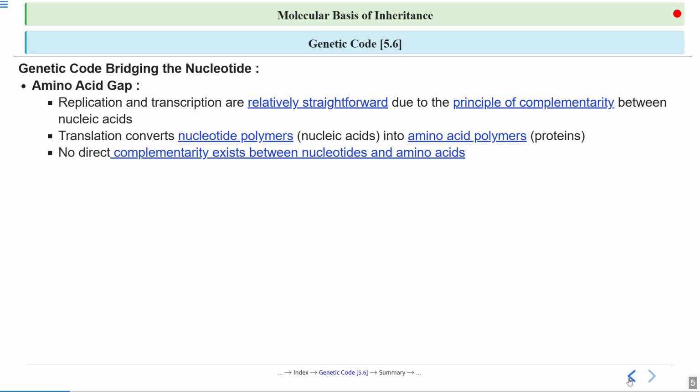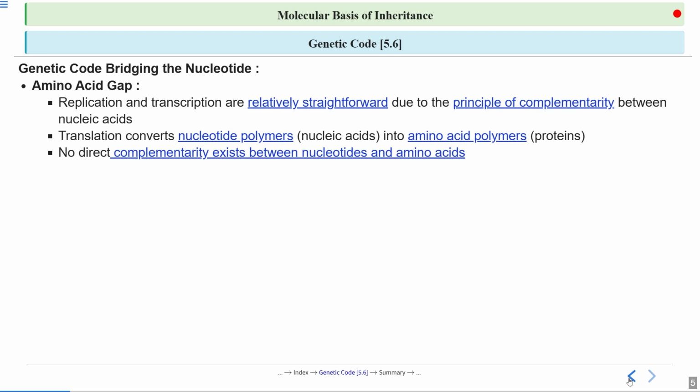But there is no direct complementarity that exists between these nucleotides and amino acids. Again, in replication and transcription there is this complementarity rule where purine complements with pyrimidine.